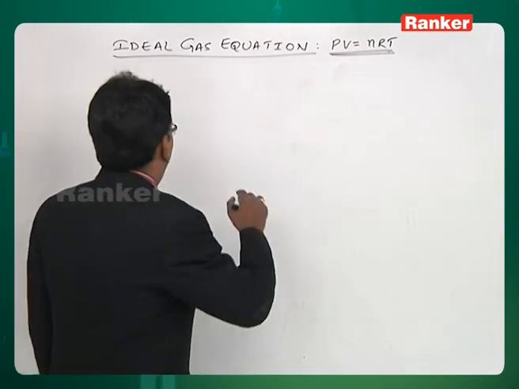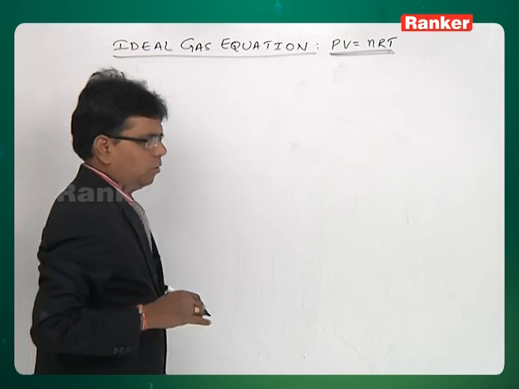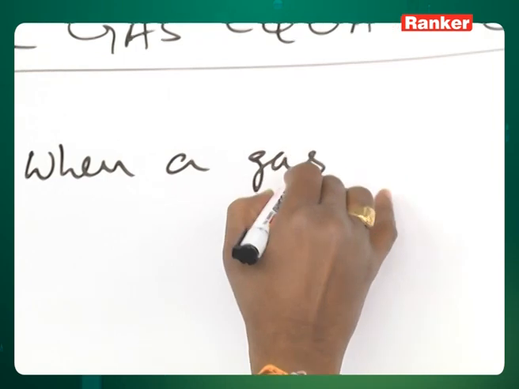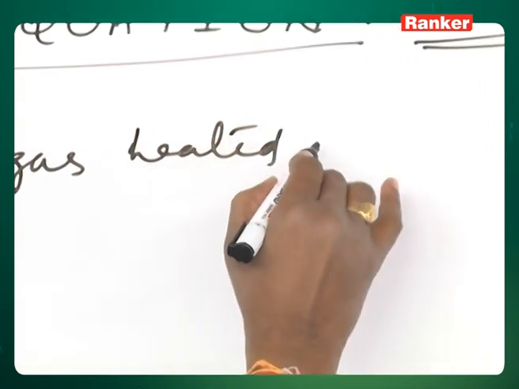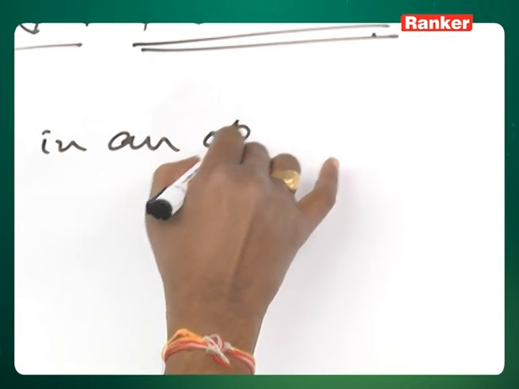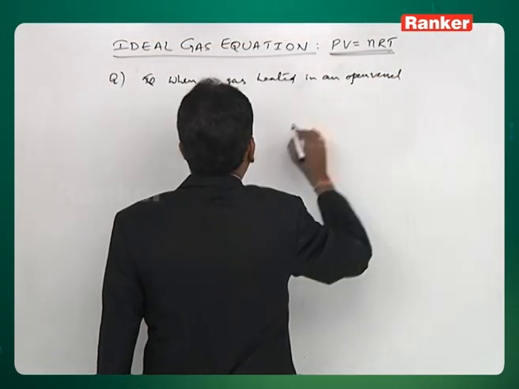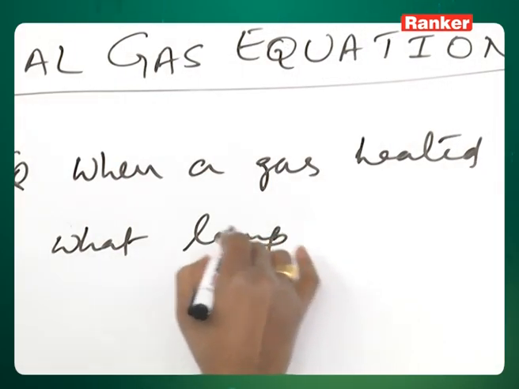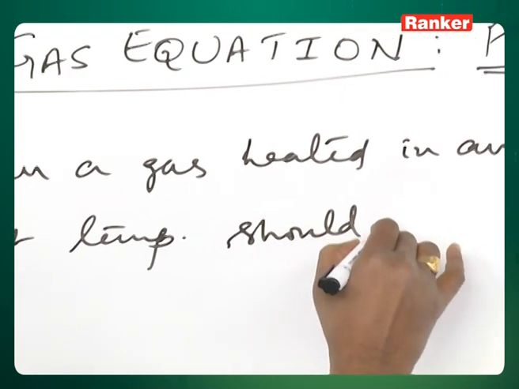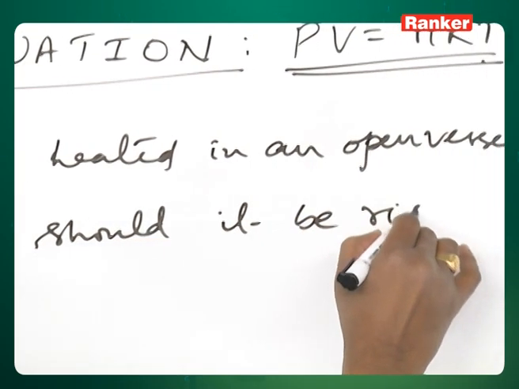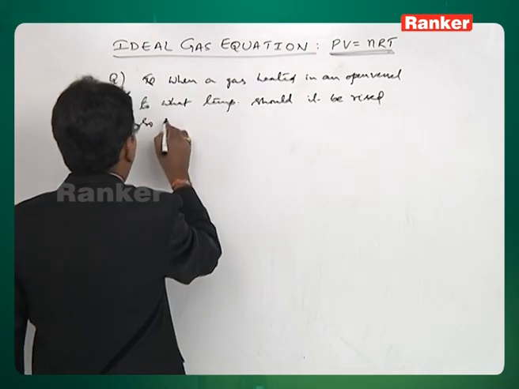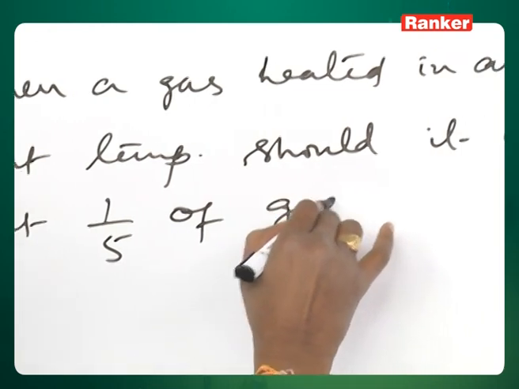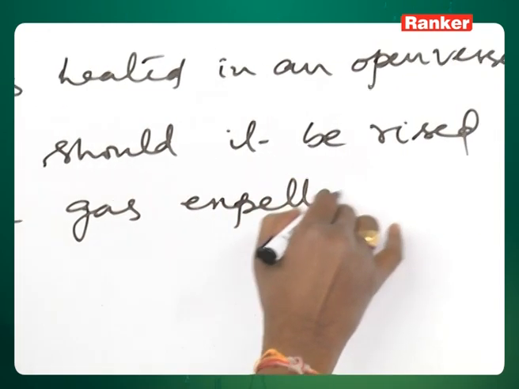Now, another question that normally comes is: when a gas is heated in an open vessel, to what temperature should it be raised so that 1/5 of the gas expels out?